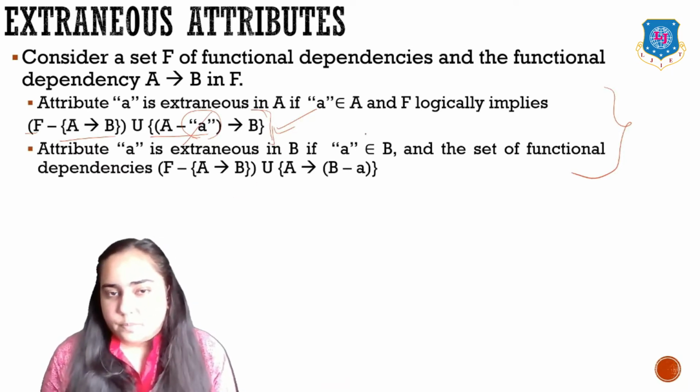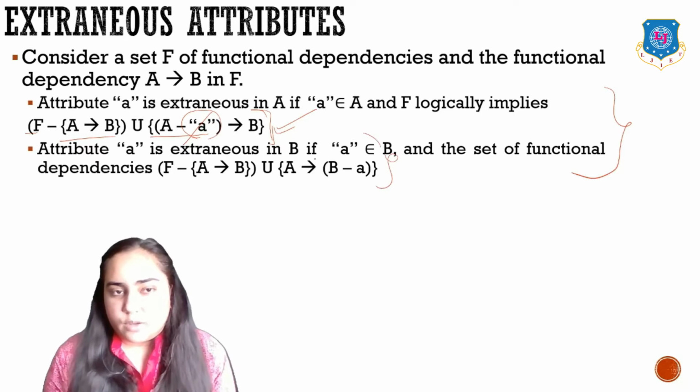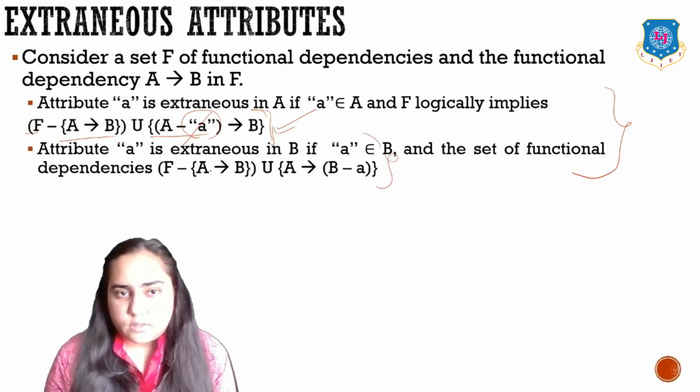And in the same way, the second rule applies to the right side instead of the left side. So here in this case, on the right-hand side, small a is extra. And so you are removing the original dependency, but you are adding this new one where from the right side you have removed this extra attribute.